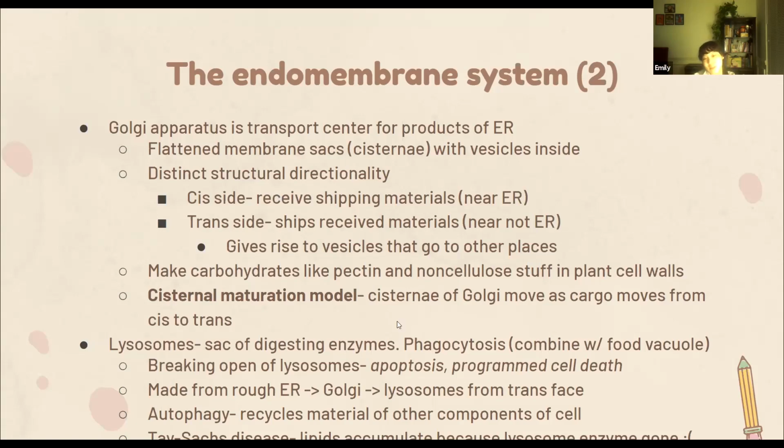And lysosomes are made in the rough ER, shipped to the Golgi, and then form from the trans face of the Golgi. Going back to the apoptosis idea, it also plays into autophagy, which is the recycling of certain cell components, not the whole cell itself, so other organelles can use it.